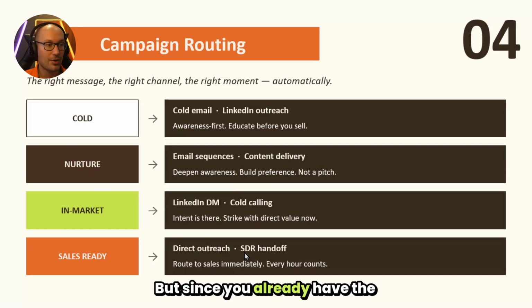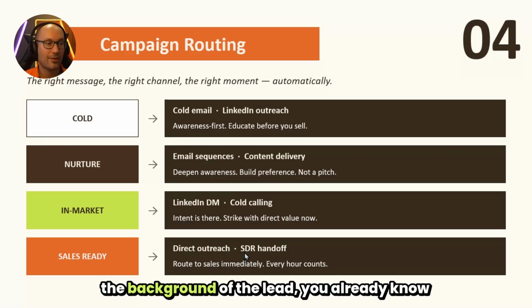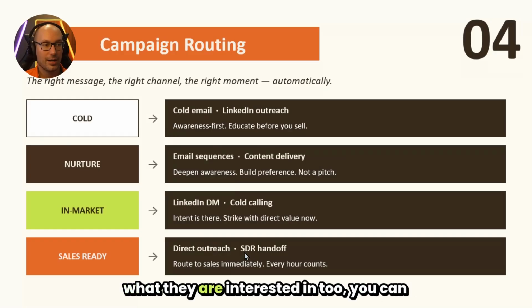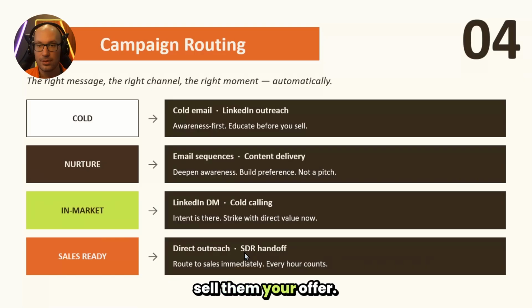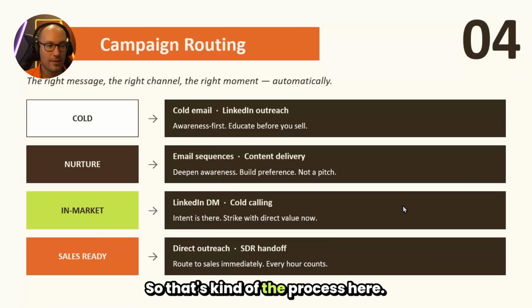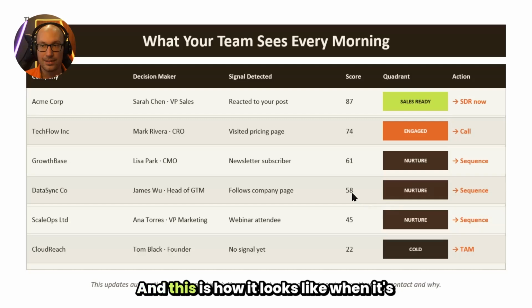Since you already have the background of the lead, you already know what they are interested in. You can create a best case to present to them and sell them your offer. So that's the process here, and this is how it looks when it's working.